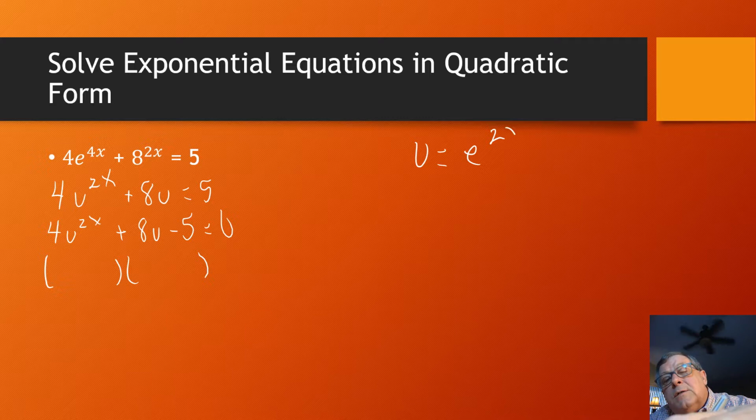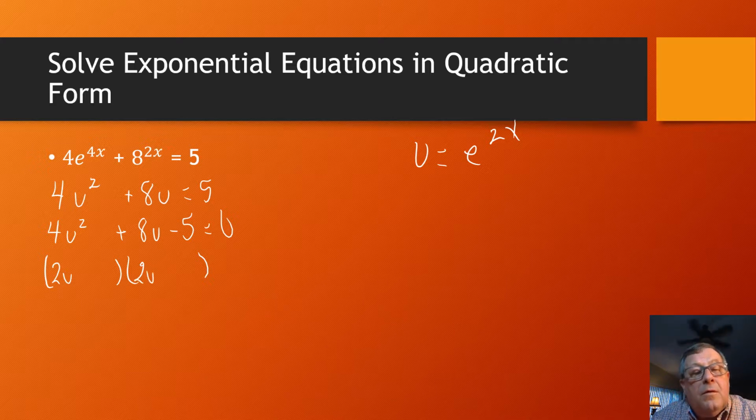Let's try 2u and 2u, and how about a plus 5 and a minus 1 equals 0.